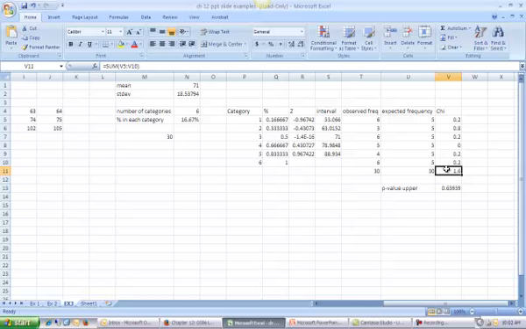I will reject H0 if the chi-square that I calculate, which is 1.6, is greater than or equal to chi-square of 0.05, now with how many degrees of freedom? Okay. So, how do I get my degrees of freedom?